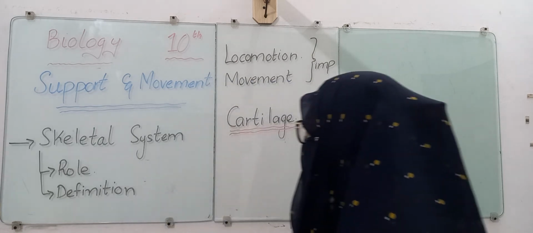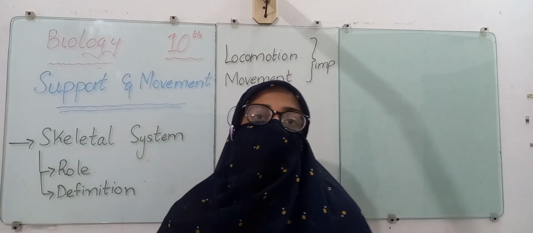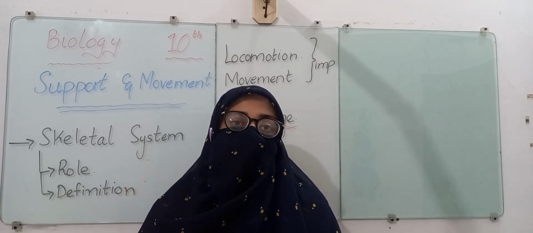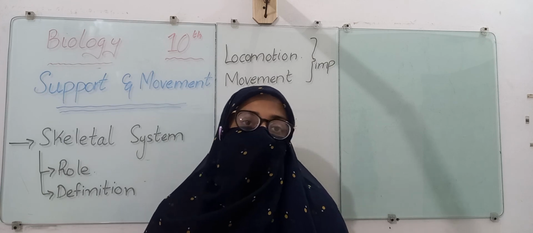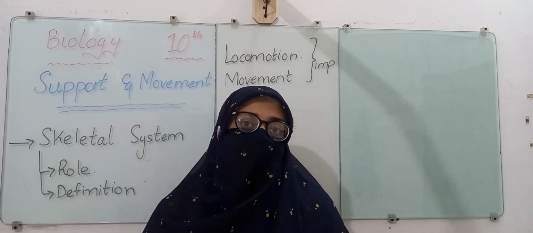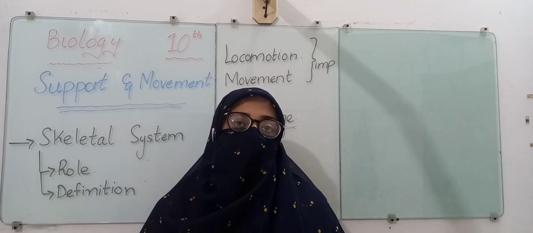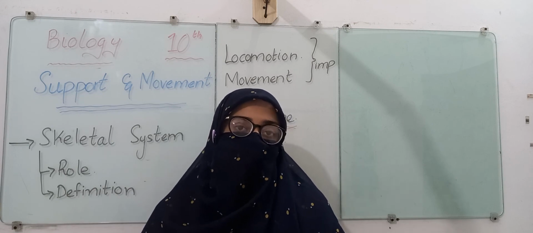Now we'll talk about cartilage. The human skeleton or the skeletal system of living things is basically composed of two things. The first is cartilage and the second important part is bones. The major portion of a skeleton consists of bones, but along with the bones there are some helping materials, supplementary or additional materials that are also provided with the bones.